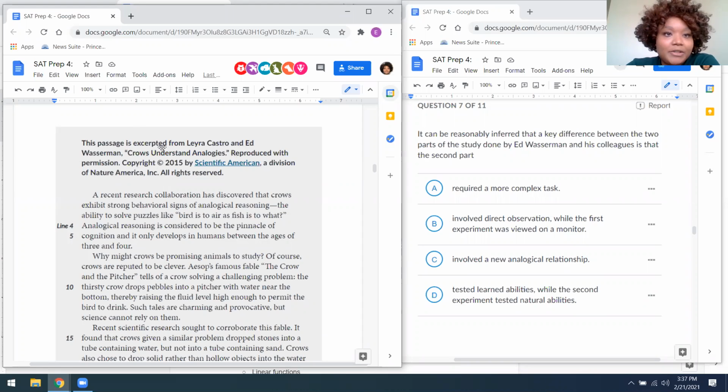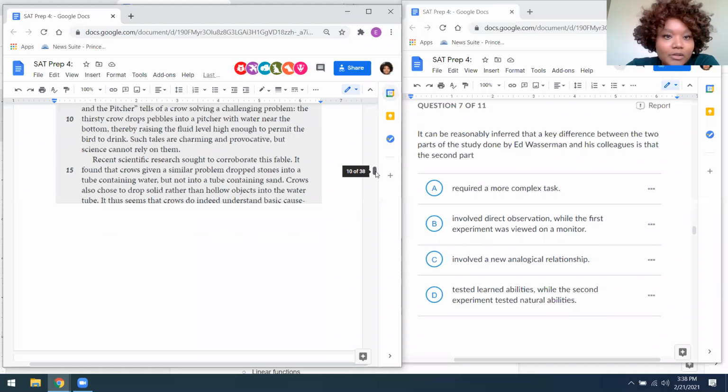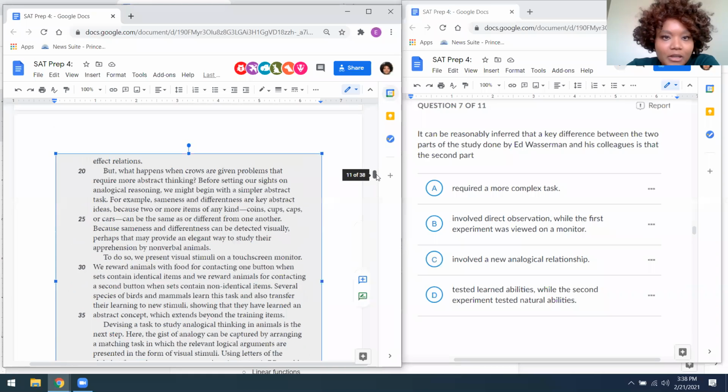This passage is excerpted from Lara Castro and Ed Wasserman, Crows Understand Analogies. So although his name is within the passage, his name is first mentioned around line 47. The whole thing is actually talking about the study he and his colleagues did. So I applaud your efforts. They don't work for this, but usually that's a good place to start if you're running low on time, I will say.